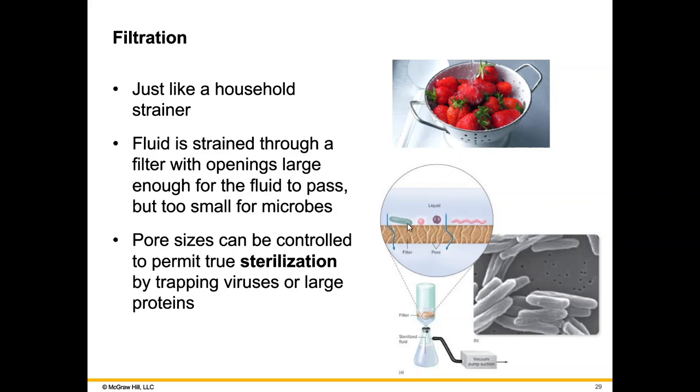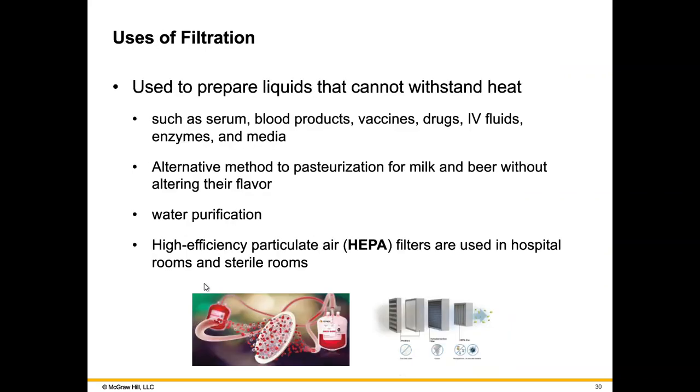So again, we see the filter, it has little holes on it, and so it allows for water or the filtrate to pass through, but not bacteria, as we can see, too small. Or even viruses in some cases if they're small enough. So these pore sizes will allow for true sterilization as long as the pore size is small enough to where neither bacteria or viruses can pass through.